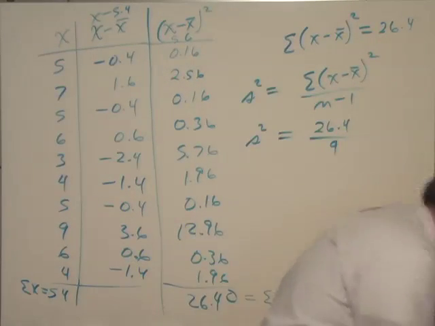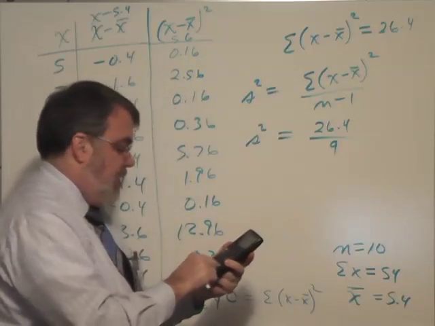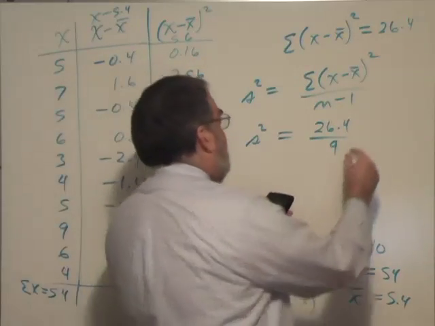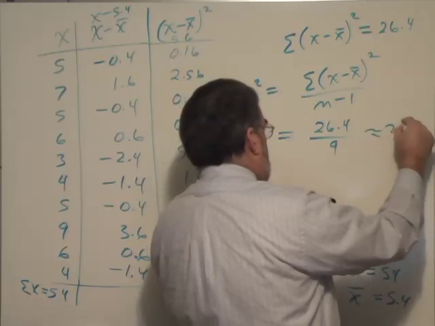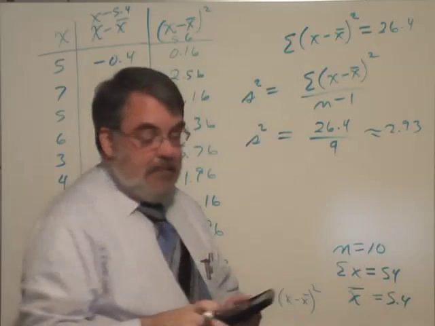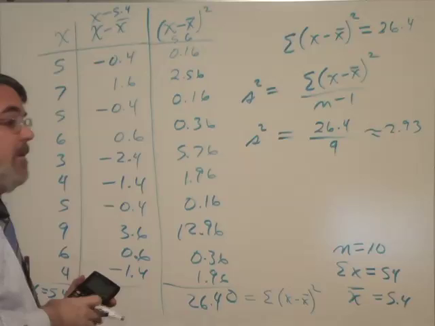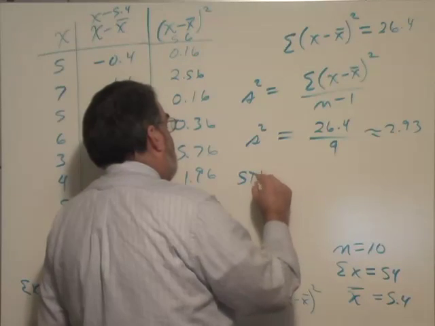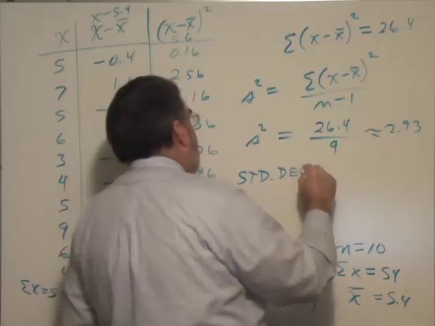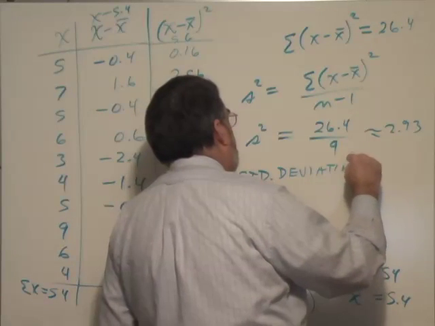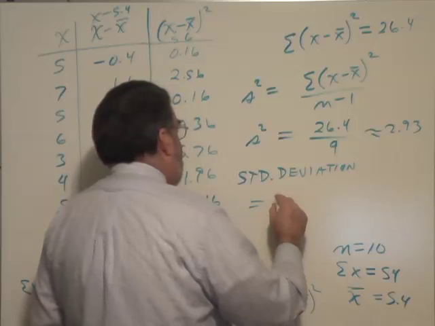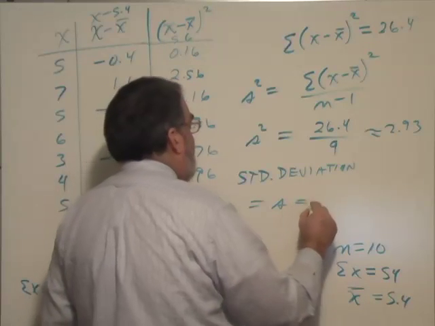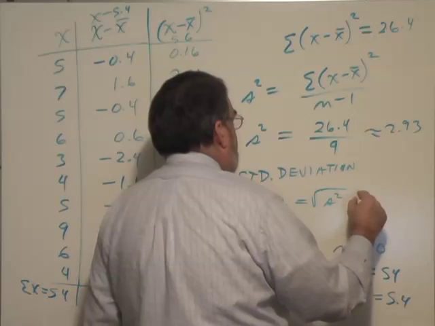And that would be, what would that be? About 2.93, approximately. Okay. Now this means that the standard deviation is S, and that's the square root of S squared.